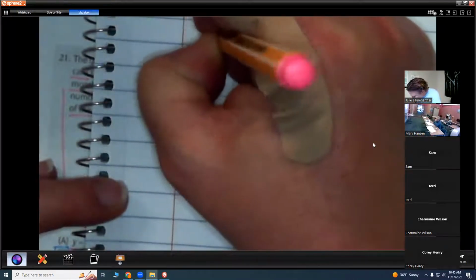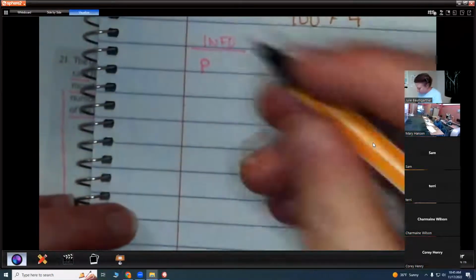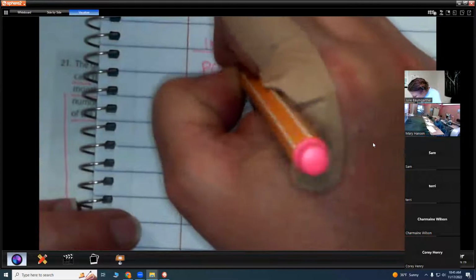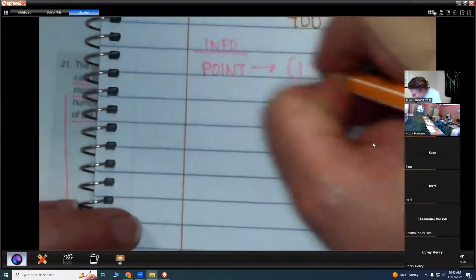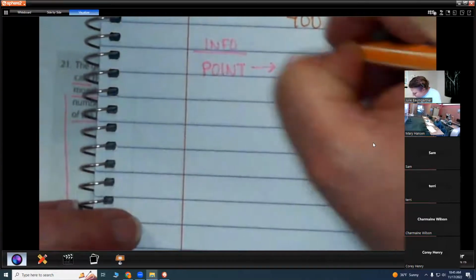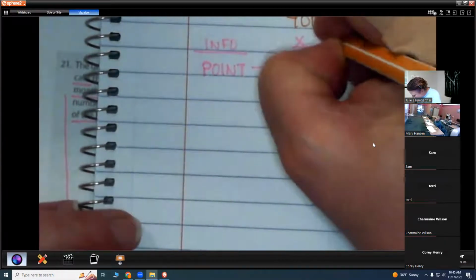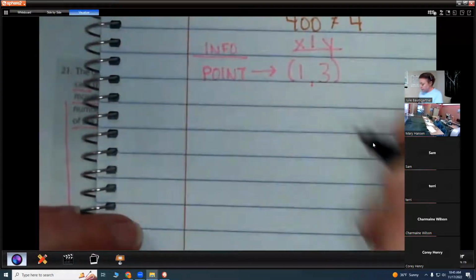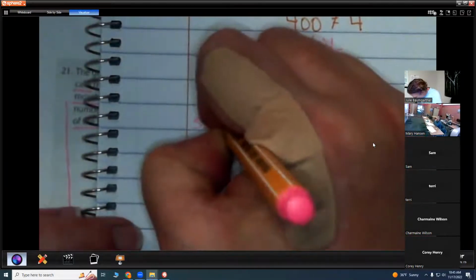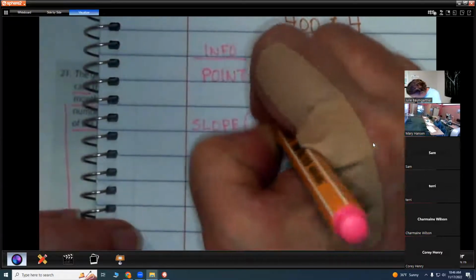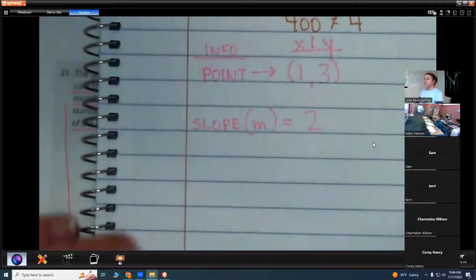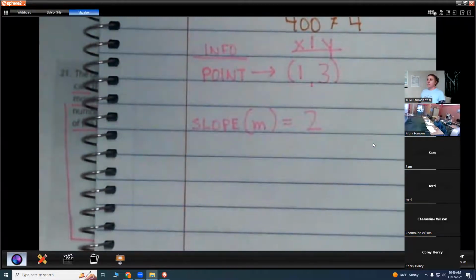All right. So here's the info that we have. We need to know one of the points on our line, which we're going to say X equals 1, Y equals 3. Okay. And then let's say we're going to make that line have a slope of 2. I don't know if you want to sketch that or just show them how I would write the y minus y1 equals and then show them how you just basically plug it into the formula.